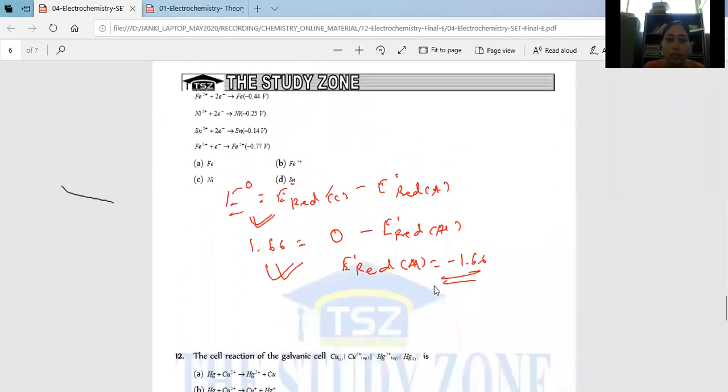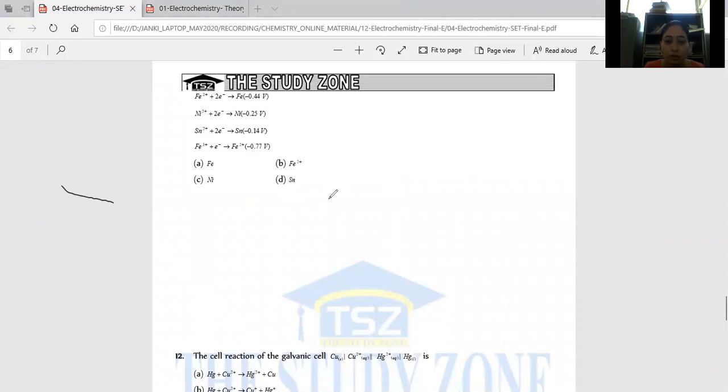Now next one: which one among the following is the strongest reducing agent? Yeah, tell me. I want an answer. Quickly, give one answer. Which one of the following is the strongest reducing agent? Tell me. You have four options. Fe plus 2 electron. Answer is Fe, Fe plus 2, Ni or Sn.